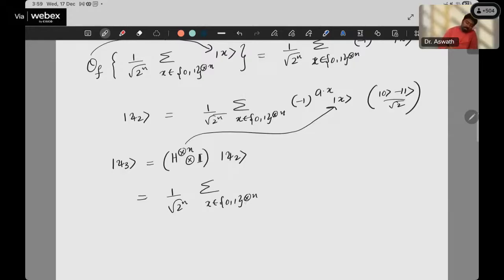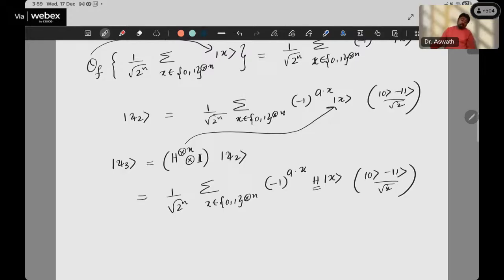So you can simply say (-1)^(a·x) H acting on |x⟩, (|0⟩ - |1⟩)/√2. When it comes outside, I can have the tensor here, but when it is inside, I just say H.